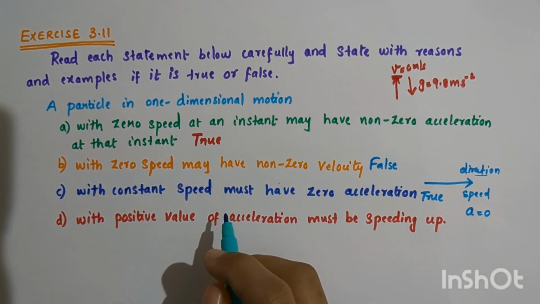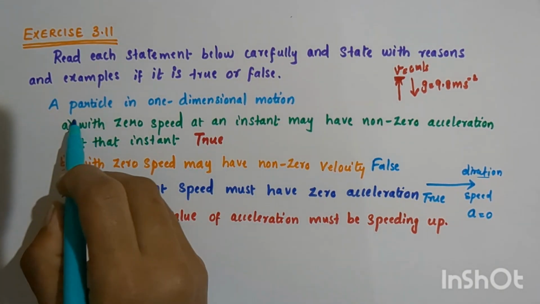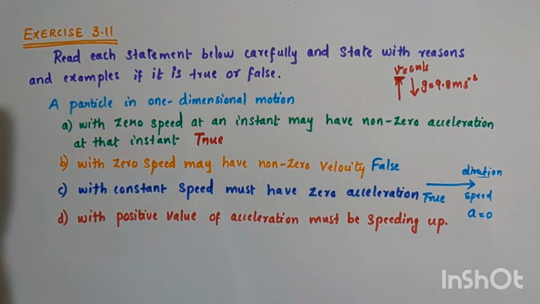For example, if you consider a particle in uniform circular motion, though the speed is a constant, its direction of motion continuously varies, and it has an acceleration. That is, circular motion is an accelerated motion. So this statement is true only if we consider a particle in one-dimensional motion.